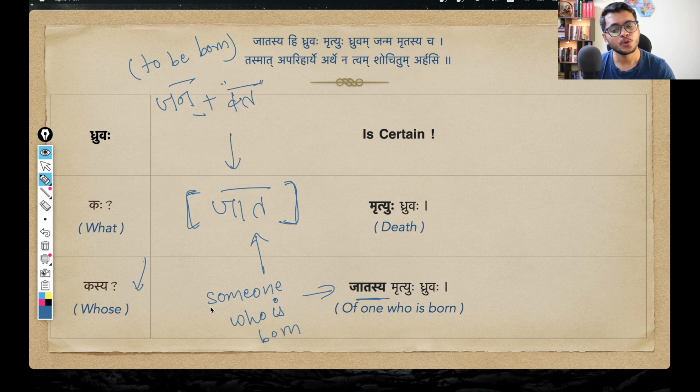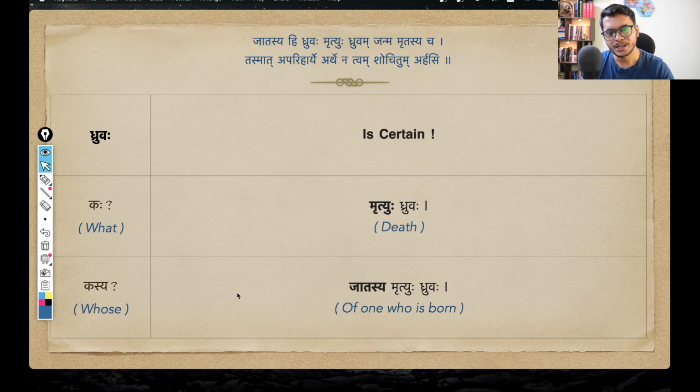And now the question was Kasya Mrityuhu Dhruvaha, whose death is certain? So I want to say that the death is certain of someone who is born. Obviously I am using the Shashti Vibhakti, the sixth case. Shashti Vibhakti Ekavachanam, Jata becomes Jatasya. That death is certain of one who is born. So that is what we get from this first line.